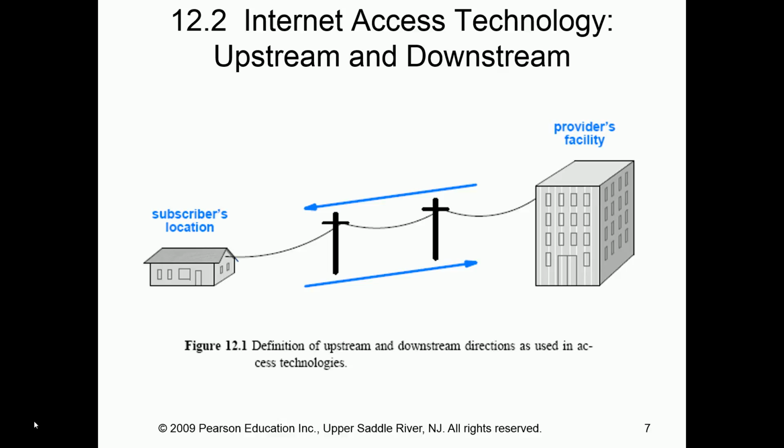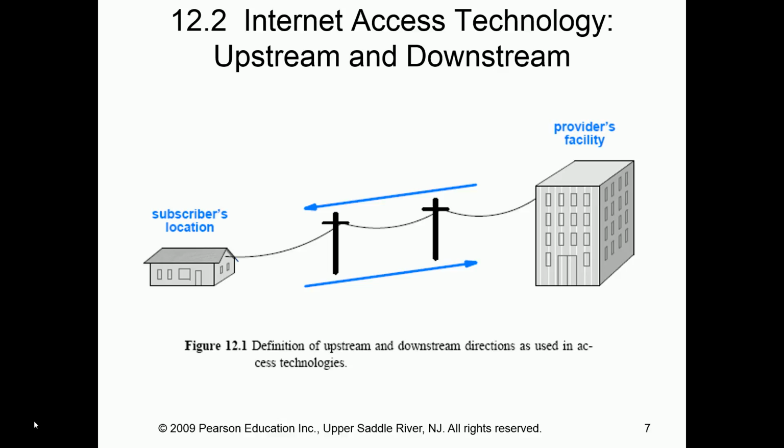So it's important to grasp the concept of upstream and downstream, because it is very subjective. What happens if we're looking at this from the web server's perspective? Your request as an end user, you'd upload it to your ISP. Your ISP would download it to the web server.